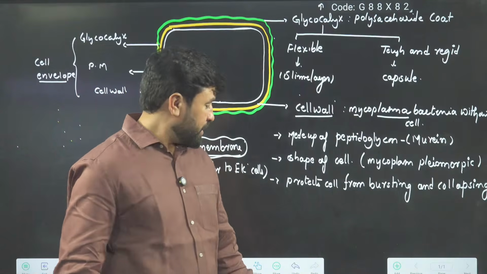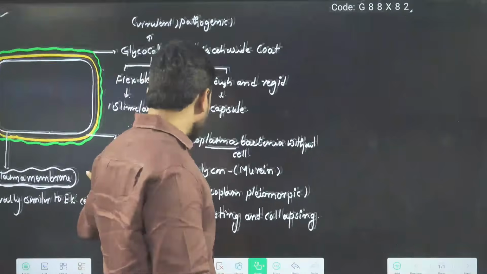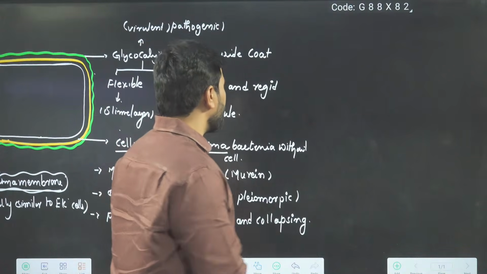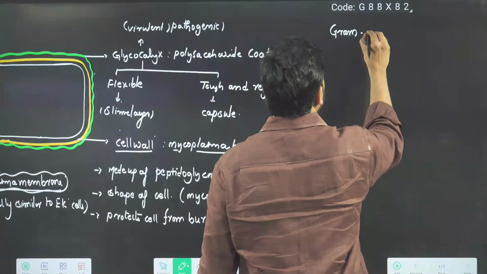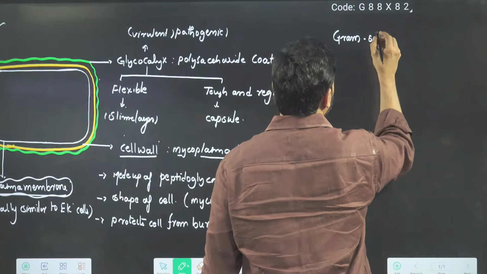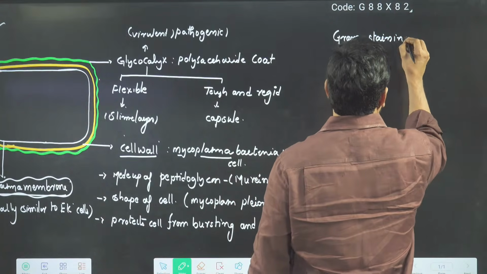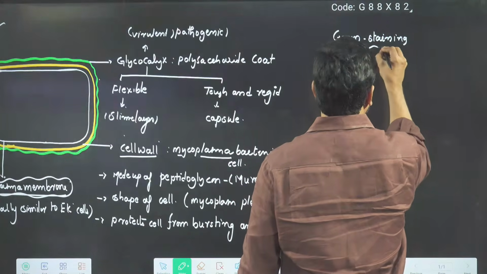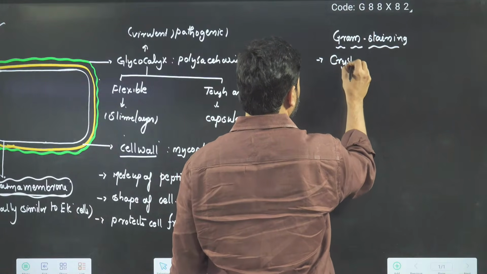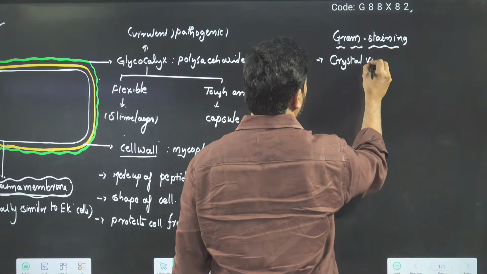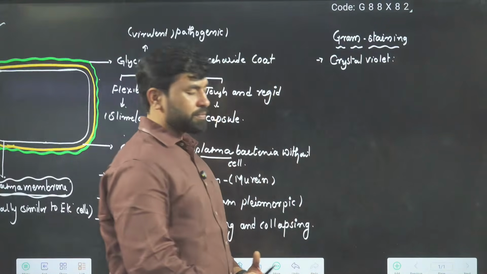Okay, done. Here, after the cell envelope primary discussion, we should talk about one matter that's called Gram staining. There was a scientist called Christian Gram. He added a chemical stain on the top of bacteria called crystal violet, commonly known as gram stain.